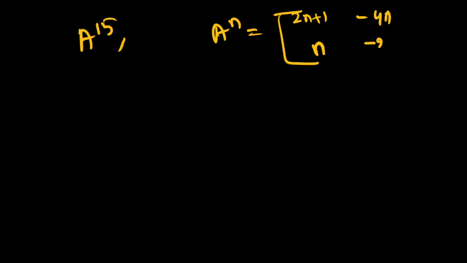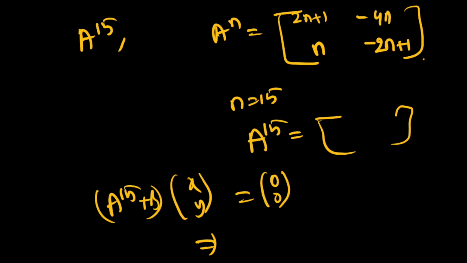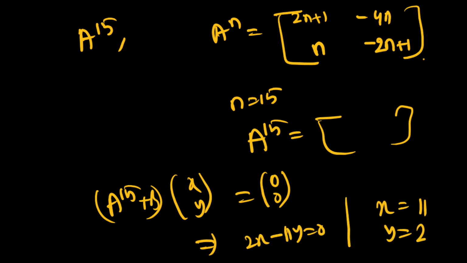So we put n is equal to 15 here, and we got a power 15 as this matrix. Then we add a power 15 plus b and multiply by the x y matrix, equal to 0 0. From this we get the equation 2x minus 11y is equal to 0. From this equation we got x is equal to 11 and y is equal to 2 as a solution.